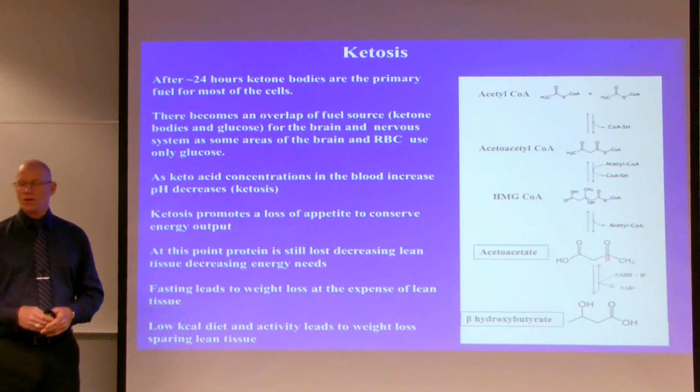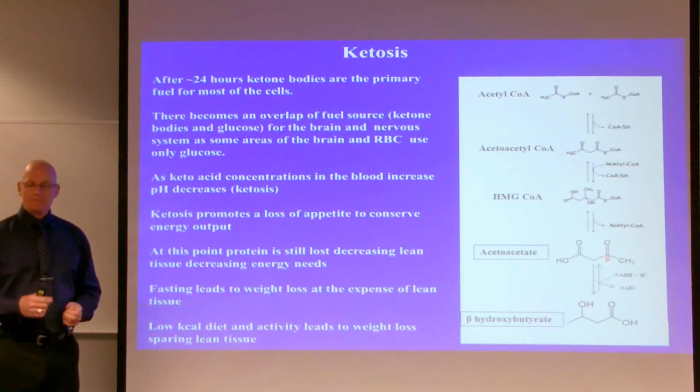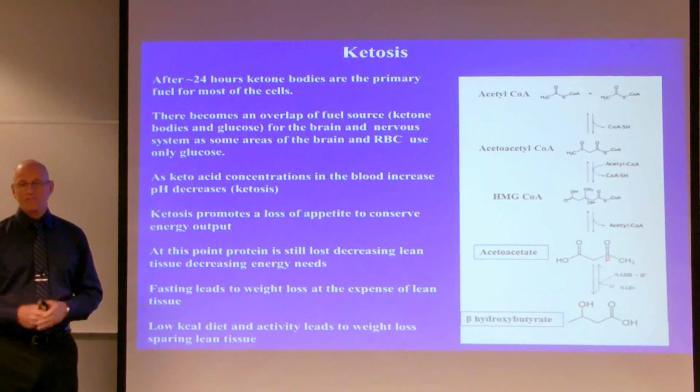So as you're going through this long, prolonged fast, you're going to start losing lean tissue because the proteins are breaking down to supply specifically red blood cells, which will only operate with a carbohydrate source, and other parts of the brain and the nervous system, nerve cells that need glucose itself.